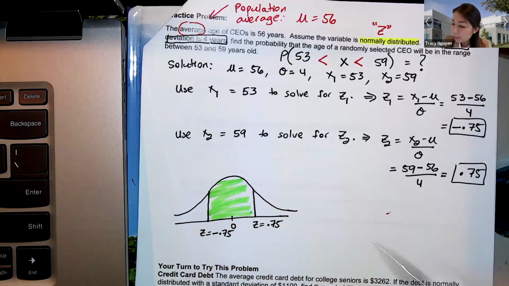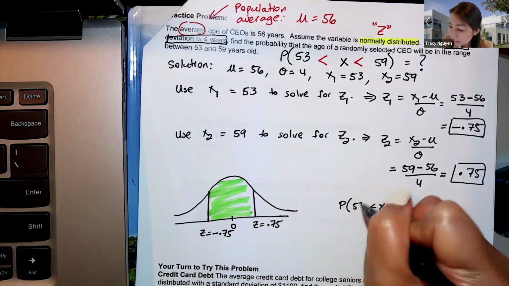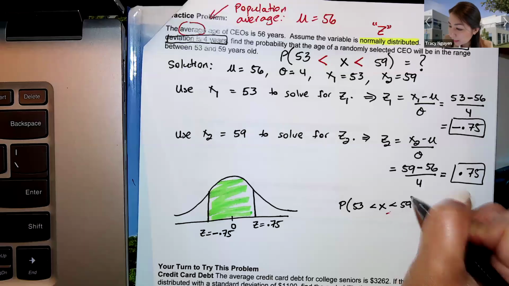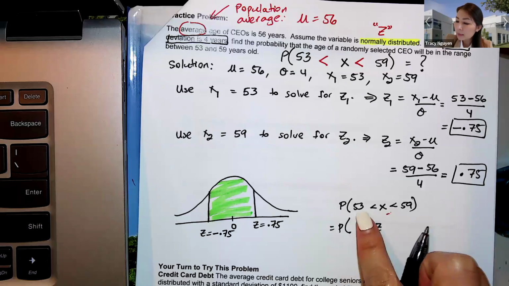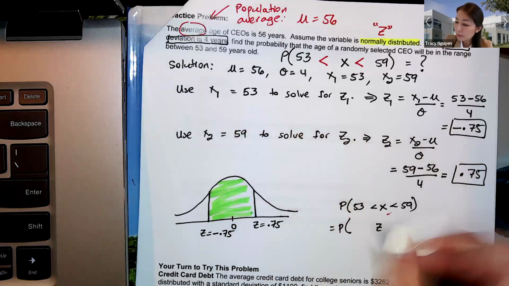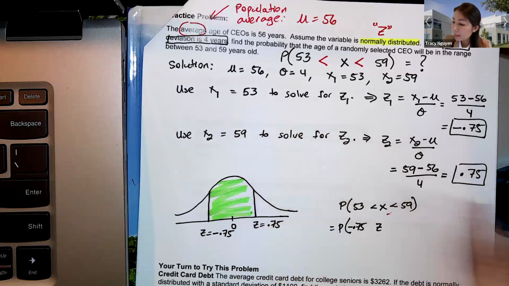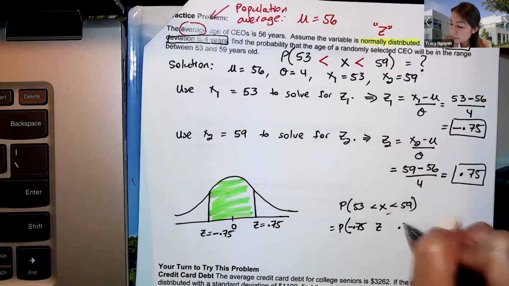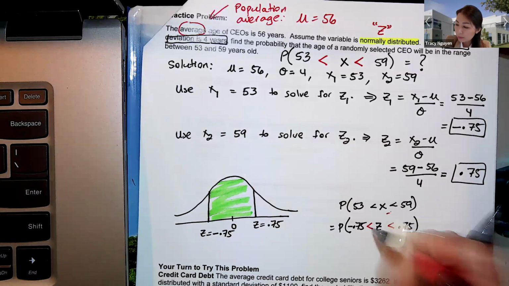And let me rewrite the problem. We started out with x goes from 53 to 59. We now can write the problem in terms of z. For x equal to 53, corresponding to z of negative 0.75, x equal to 59, corresponding to z equal to 0.75. And we know we do our inequality this way for between.